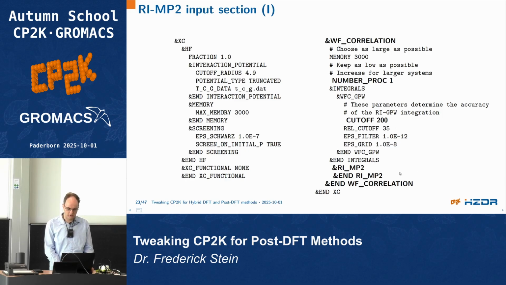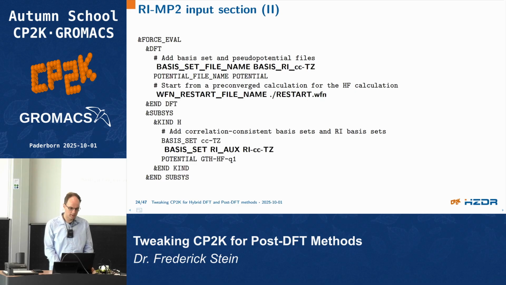And finally, you have to activate the RI-MP2 section. We have that also for the other correlation methods, where you have to activate the respective other section. Another thing is that you will need special basis sets. Here I showed you the basis RI-cc-TZ.